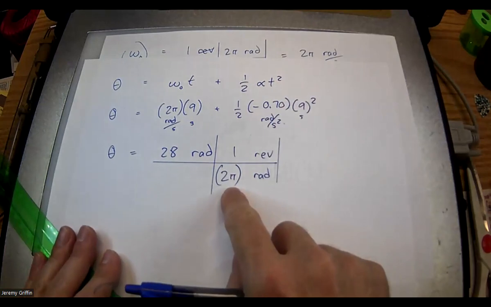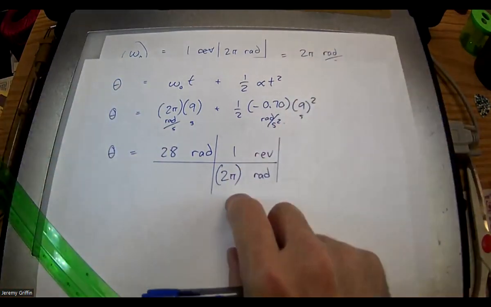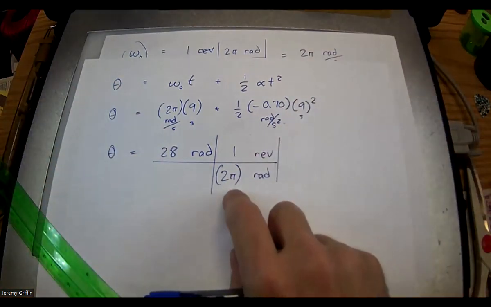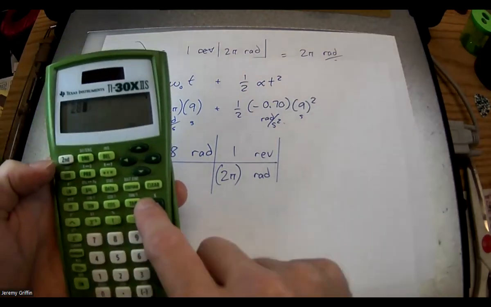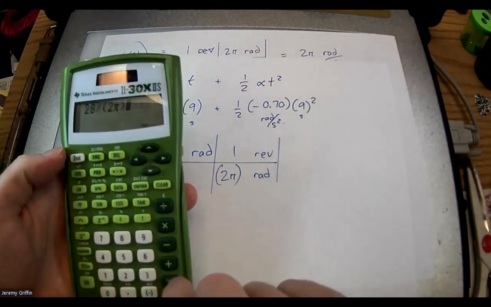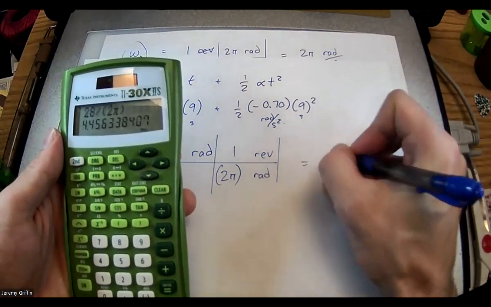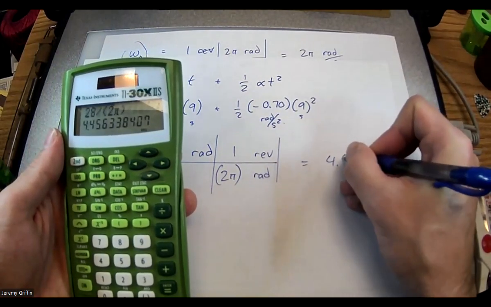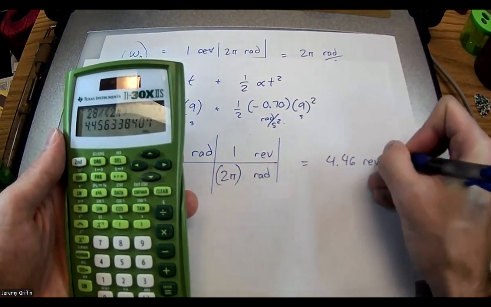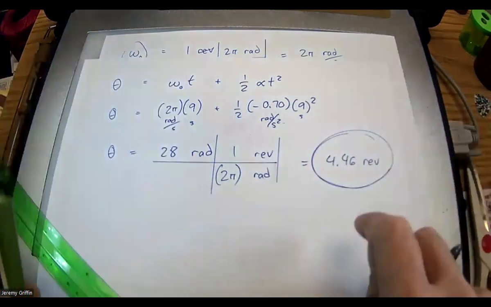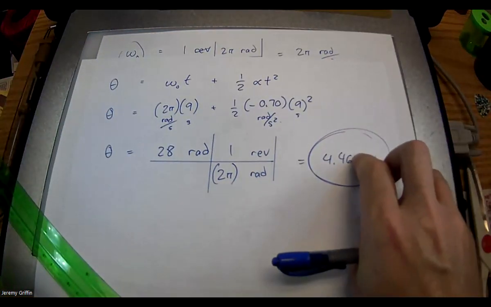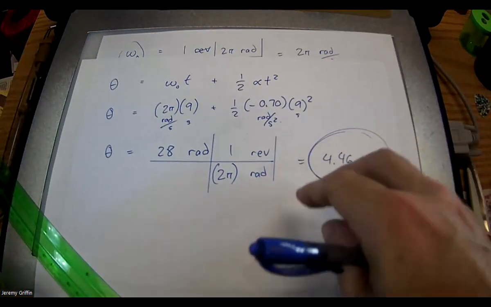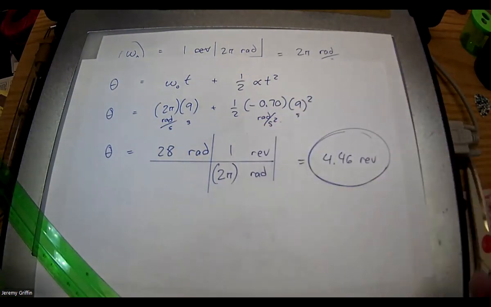In your calculator, you put that in parentheses to group it together so that it's all in the denominator. You get about 4.5. I don't think that last digit is really that precise, but if you kept the pi all the way through, it should be about 4.5 revolutions.